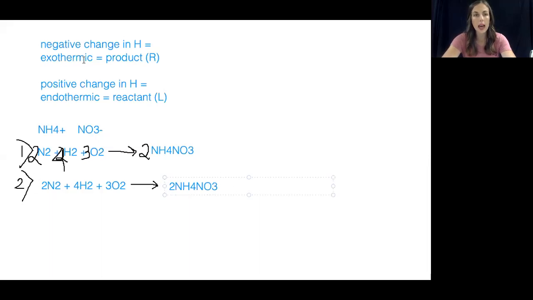Now, finally, I need to add energy to my equation. Well, they told me it was a change in enthalpy of negative 365.1. Okay, so let's look up here. Negative means that it's exothermic, meaning that energy is going to be a product. So it's going to be on the right side of my equation.